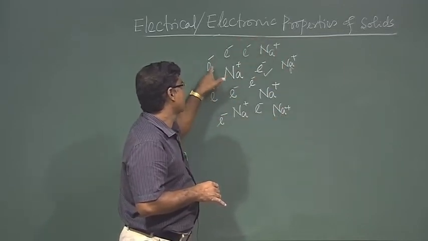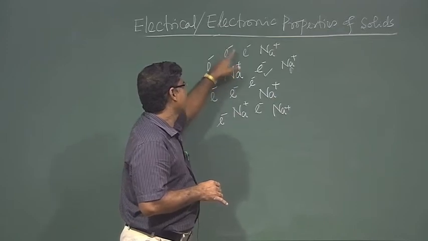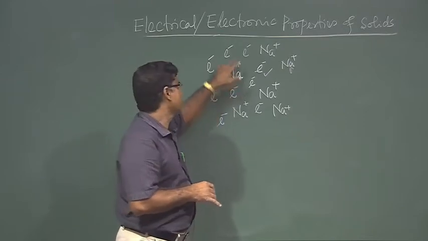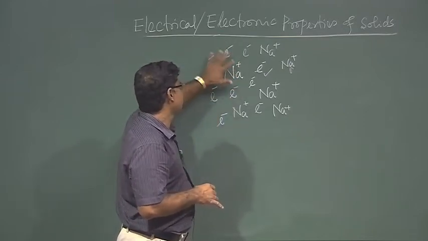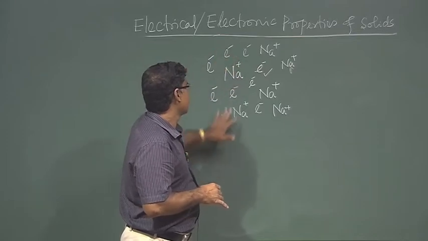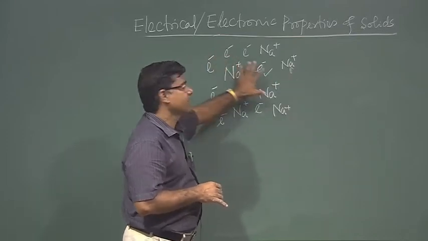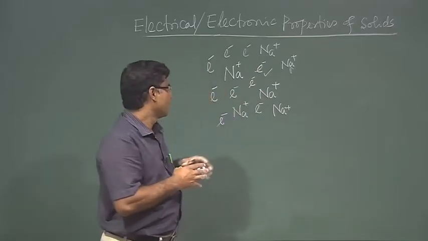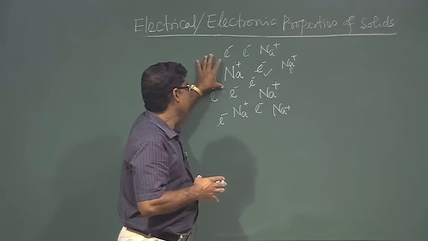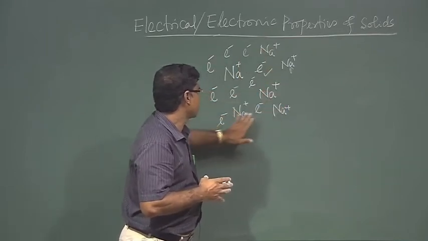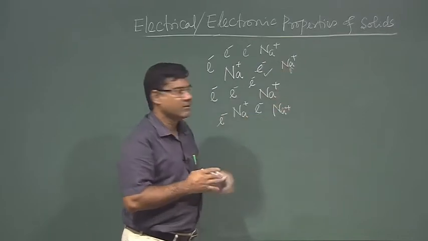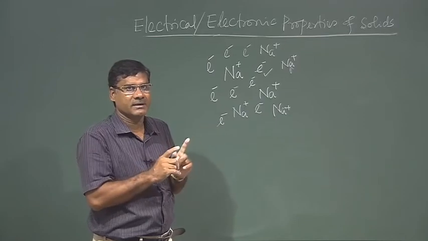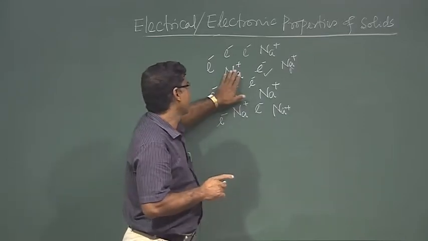A particular electron is not attached to one ion; they are shared with all the ions. So, as a whole, all the electrons are held by all the sodium ions, not individually one ion one electron.